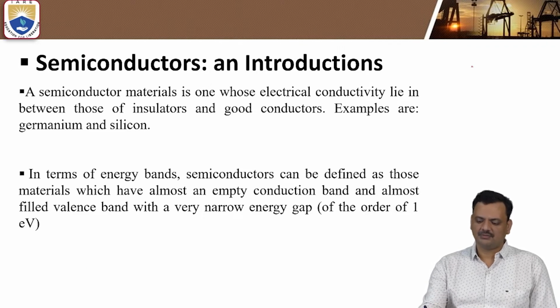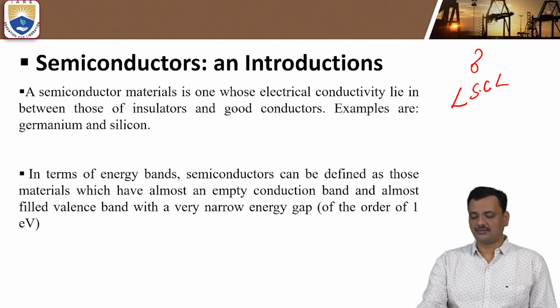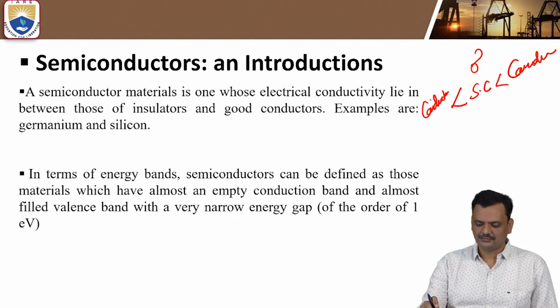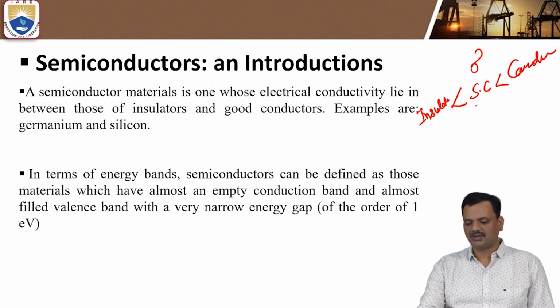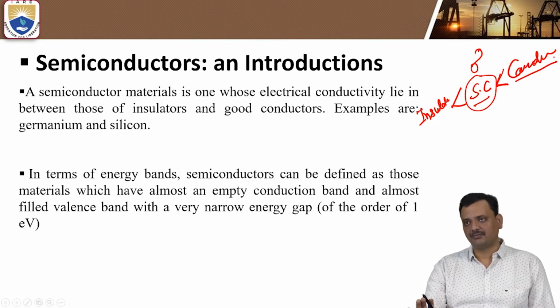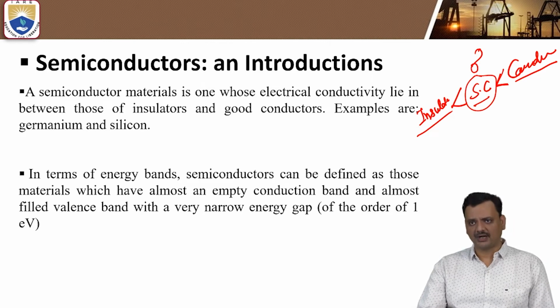In terms of conductivity, a semiconducting material's conductivity lies in between metals, the perfect good conductors, and insulators. So a semiconducting material's conductivity is less than a perfectly conducting material and greater than an insulator. This is the definition on the basis of conductivity.